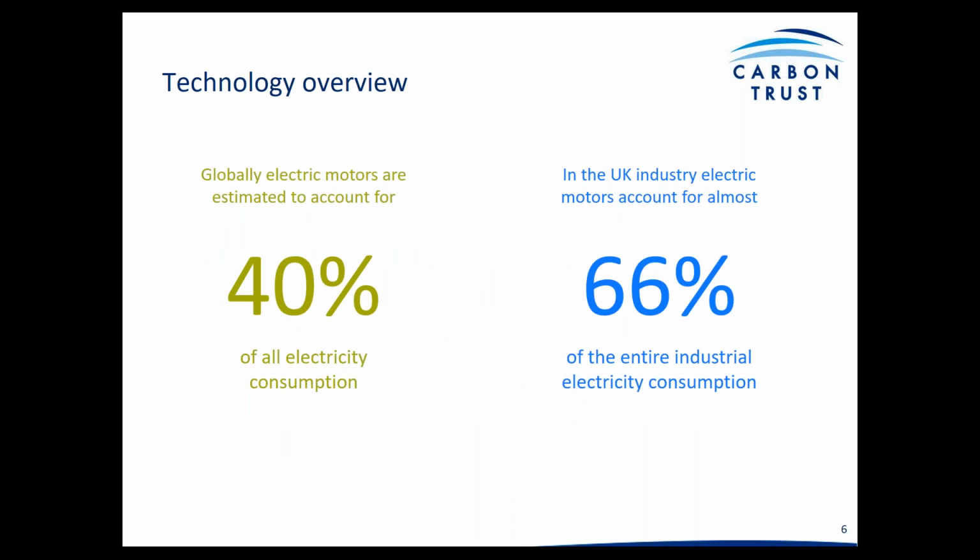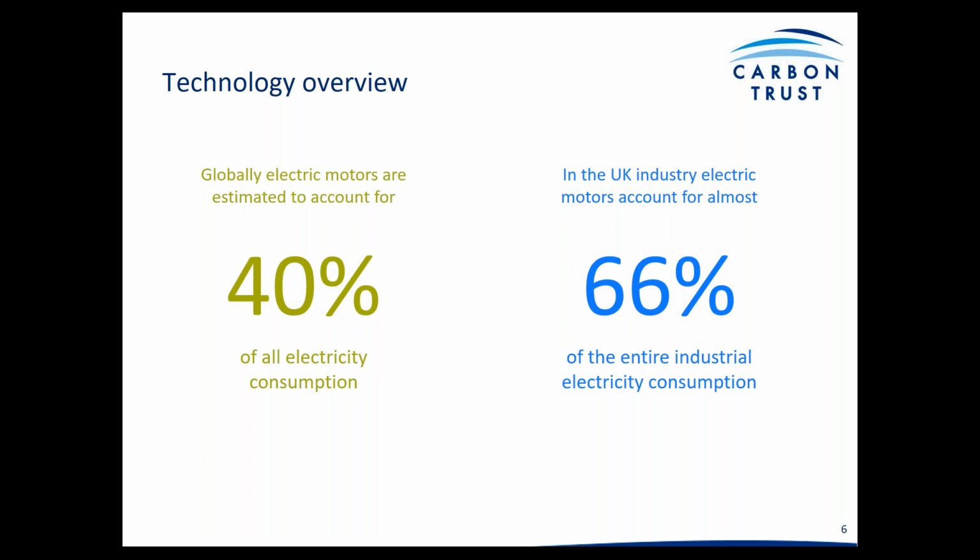Just as a starting data point, globally around the world, electric motors account for 40% of the whole electricity consumption. This might sound quite shocking, but if we think about all the applications where you can see an electric motor, from compressed air, heating, cooling, ventilation, pumping systems, and obviously all the industrial motors, we can see that they account for 40% of the energy consumption.